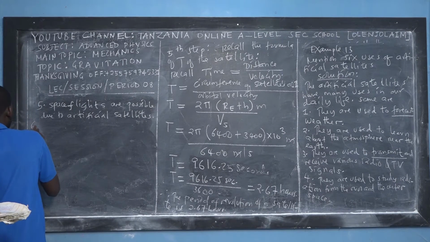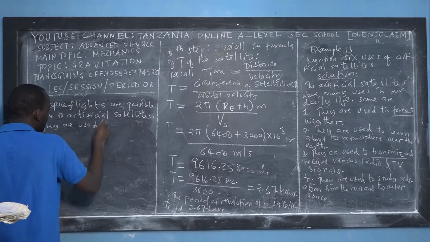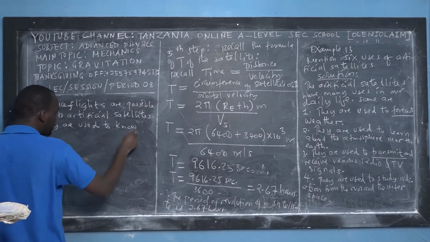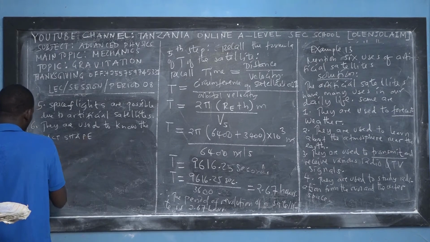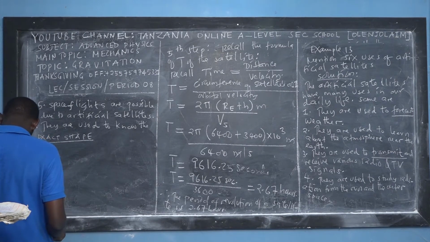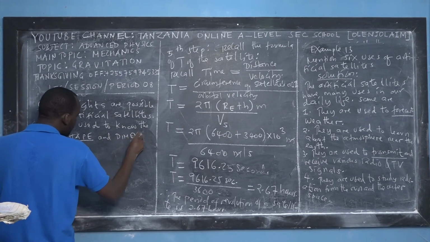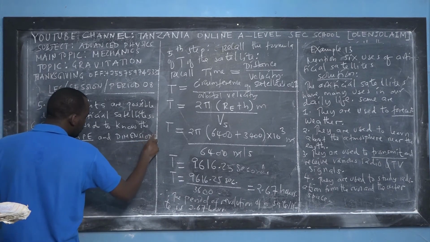Then number 6, you say they are used to know the exact shape and dimensions of the Earth.